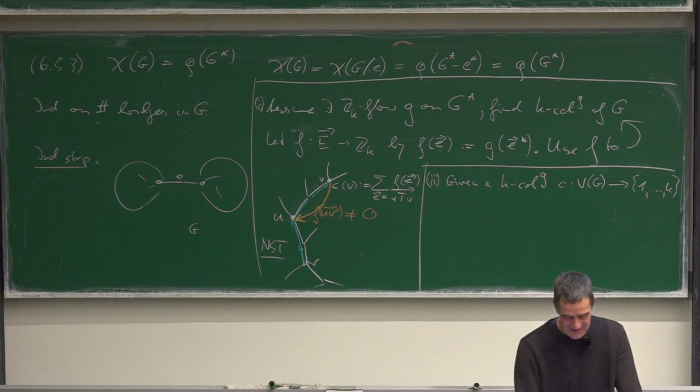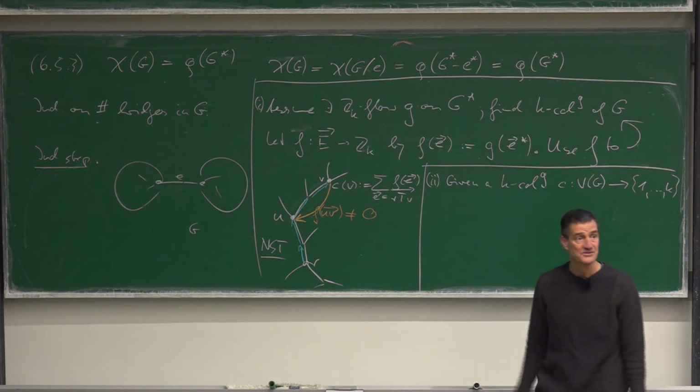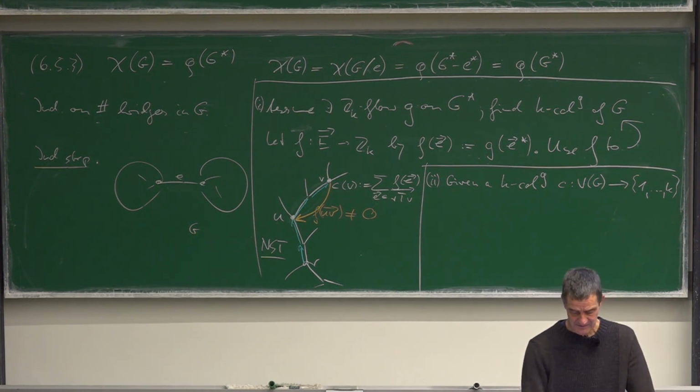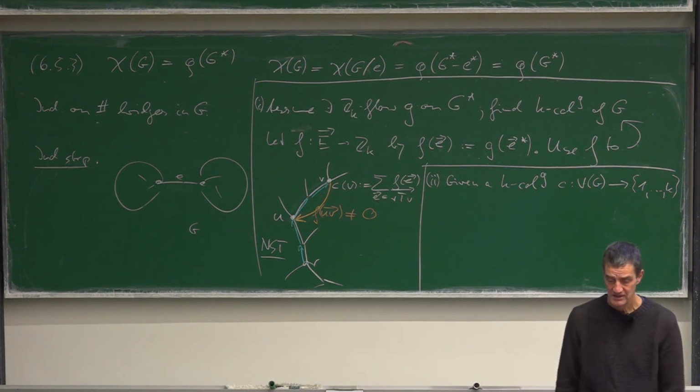So how do we define from this coloring an F, which then translates via this to a flow? We do the converse of what we did a moment ago.